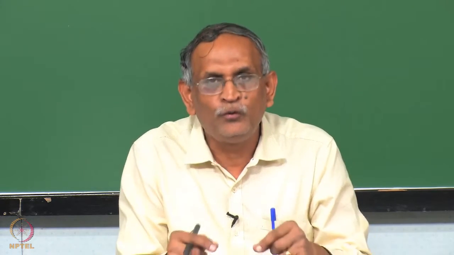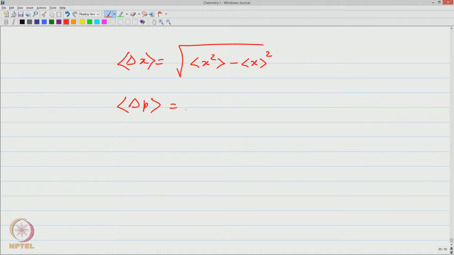Therefore, the standard deviation is what is used as the delta x, the square root of x square average minus x average squared. Okay. The same way for delta p: p square average minus p average whole square.